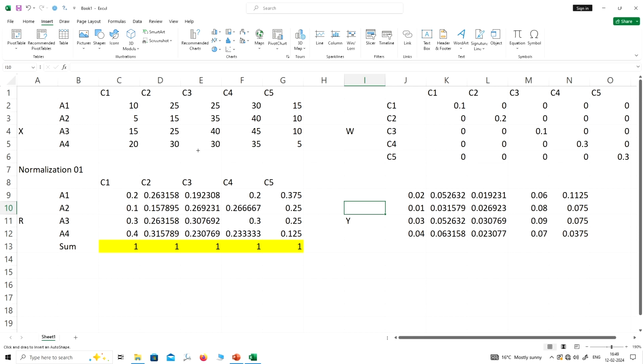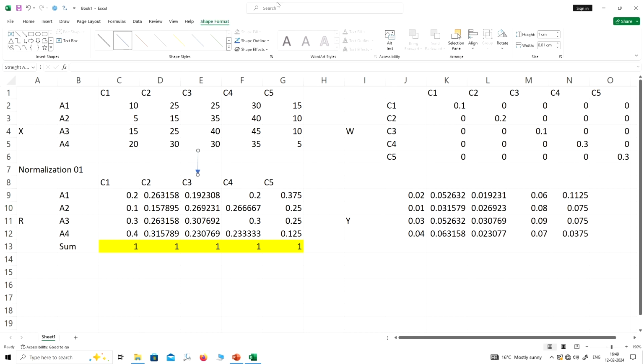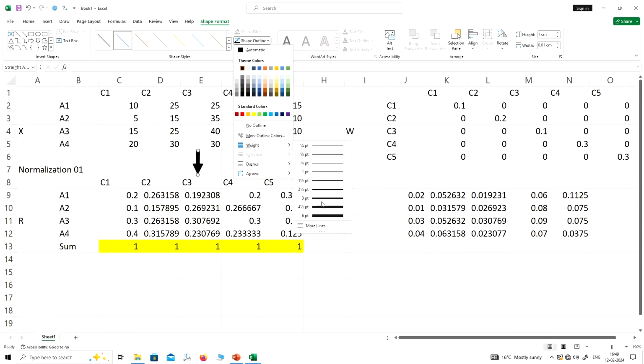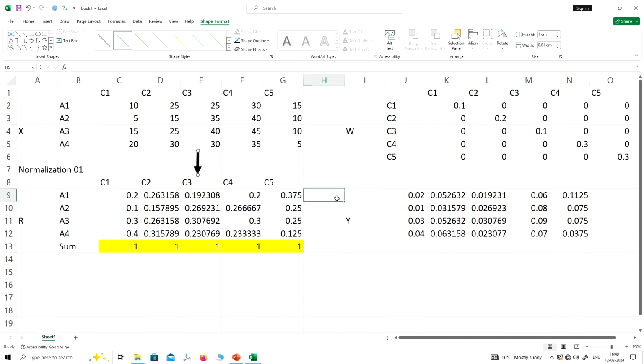So, first from the X we get R. Once we get the normalized one, we multiply R with the weights.